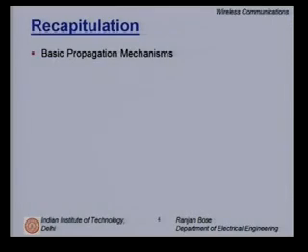First, let's recap what we have learnt so far. We started off with basic propagation mechanisms. We looked at reflection, diffraction and scattering as the three basic propagation mechanisms and how they affect the received signal strength.